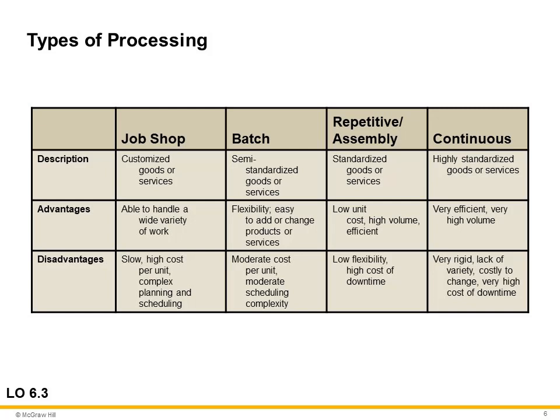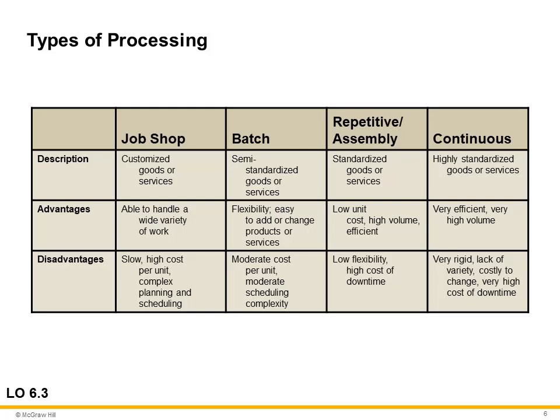And its advantage is you can handle a wide variety of work in that station. Its disadvantage is its total cost is high, pretty high compared to the other types of processing like assembly line.